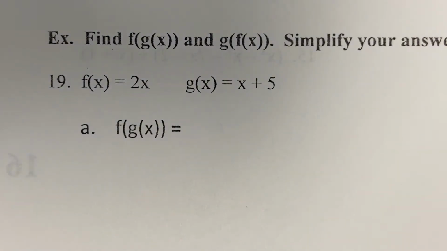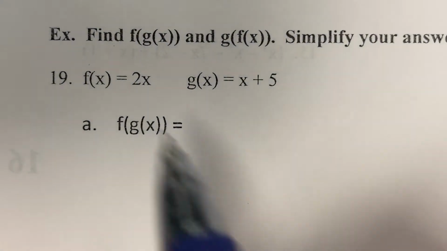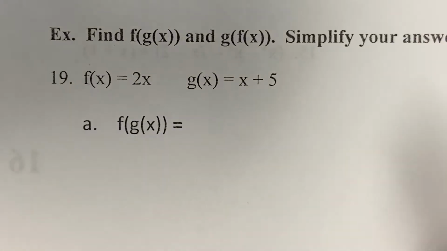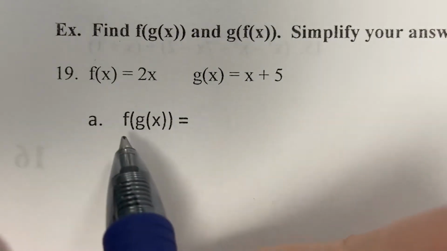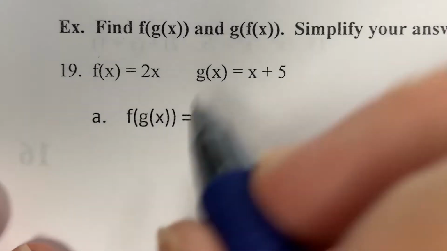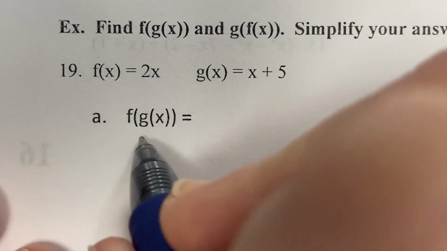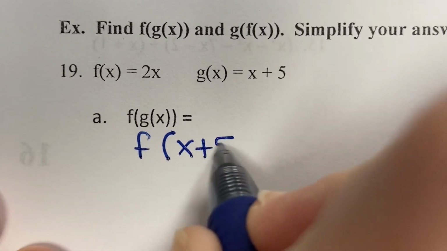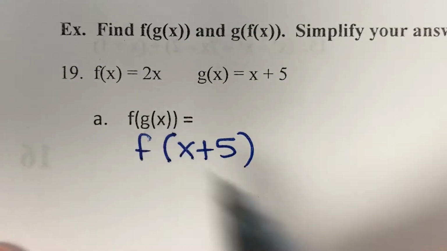These are called composition of functions. You may see or hear it called FOG and GOF, because f of g of x, g of f of x, FOG and GOF. But what ultimately this means is that you're taking one of these functions and substituting it into the other function. So when you see f of g of x, well, what is g of x? This is like saying f of x plus 5, because we know what g of x is.